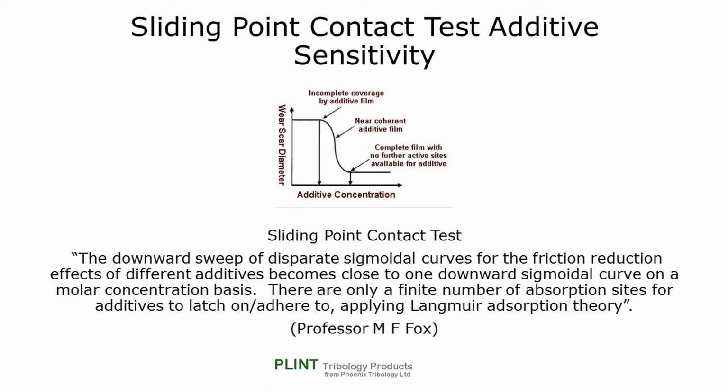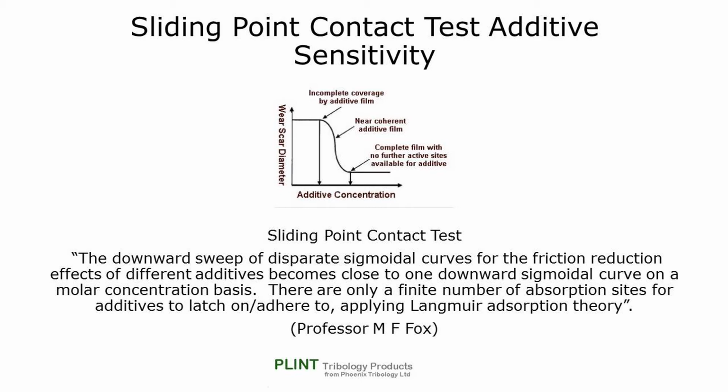In the case of the isofuel lubricity test, although there is a marked difference in wear scar size for nominally high and low lubricity test samples, the test lacks the necessary sensitivity to distinguish between good candidate samples with differing amounts or types of lubricity enhancing additives. Professor Malcolm Fox explains the issue in more scientific terms.